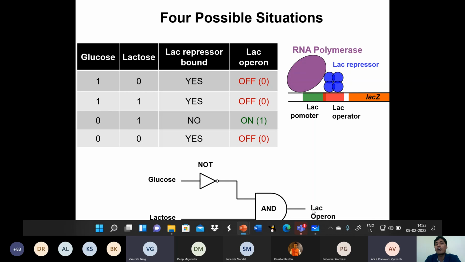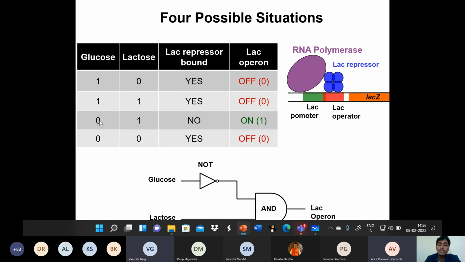So the lac operon should be turned off because bacteria love to take glucose as their major energy source. Now if both are present, still glucose will be utilized by bacteria, so still the lac operon is off.